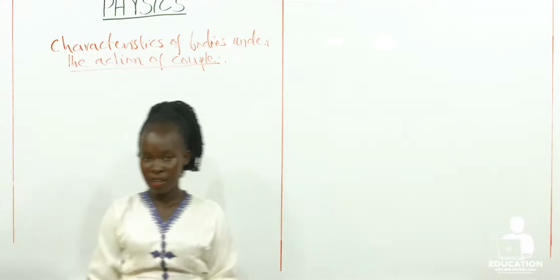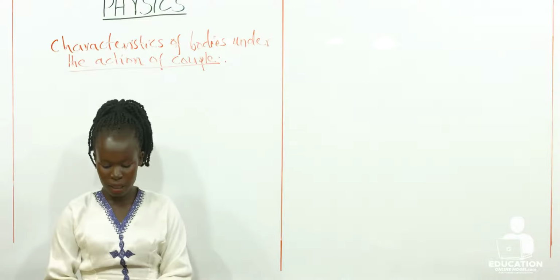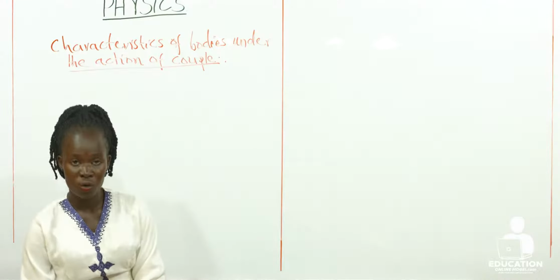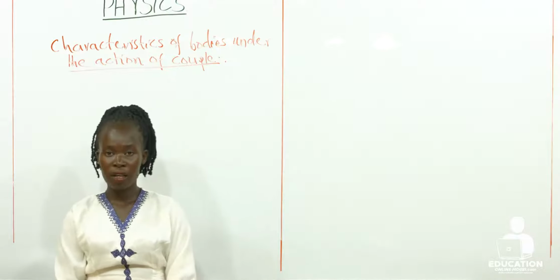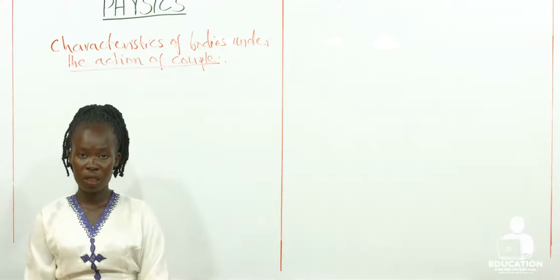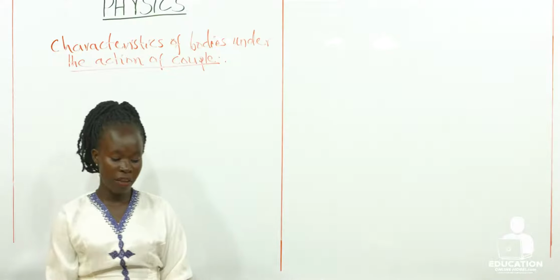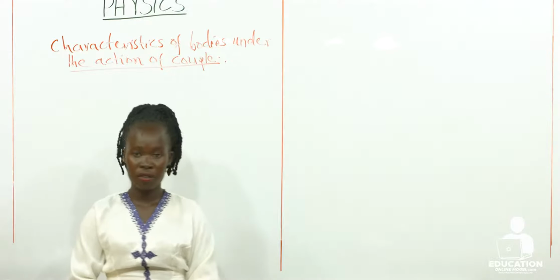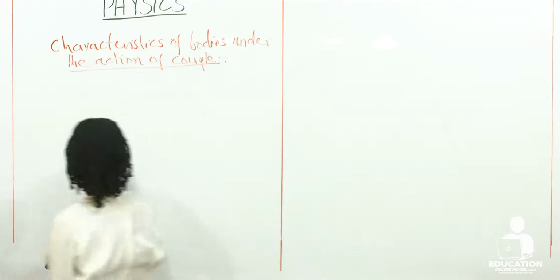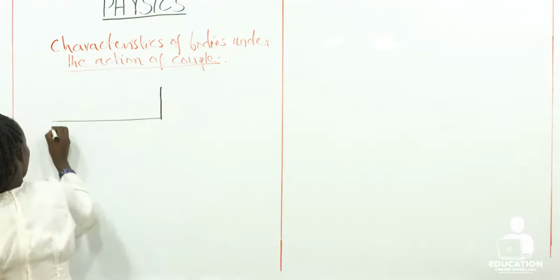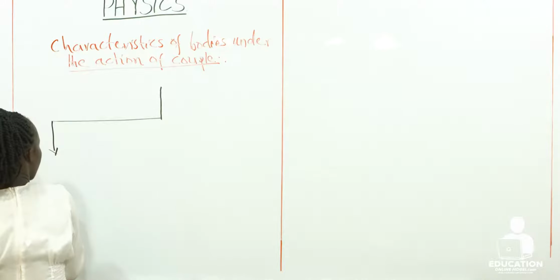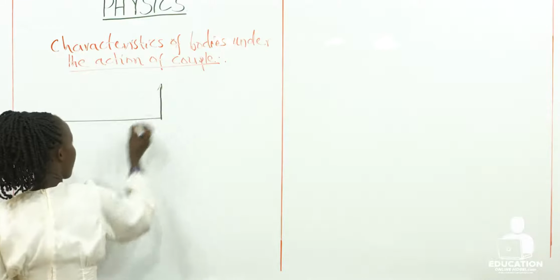So in our previous lesson we said that a couple refers to two equal but parallel forces whose lines of action do not meet. Here we have two opposite parallel forces.